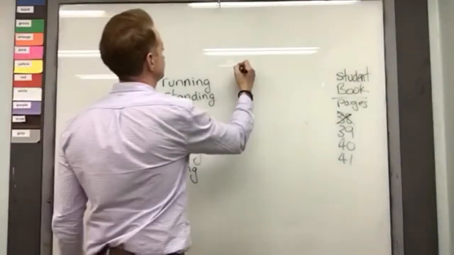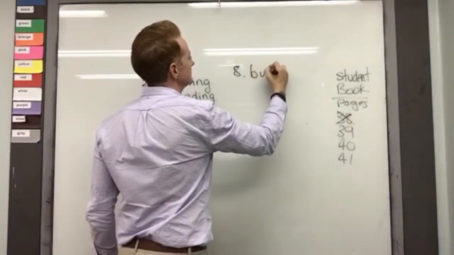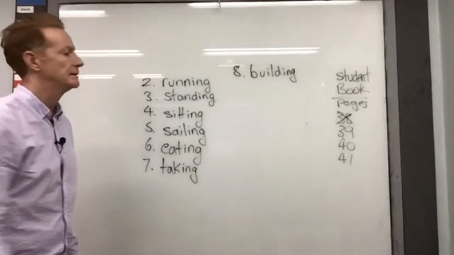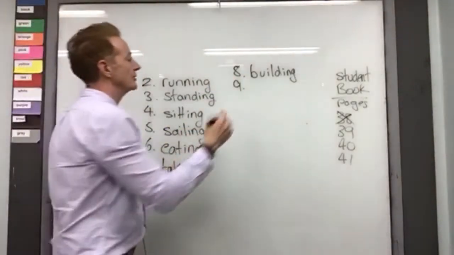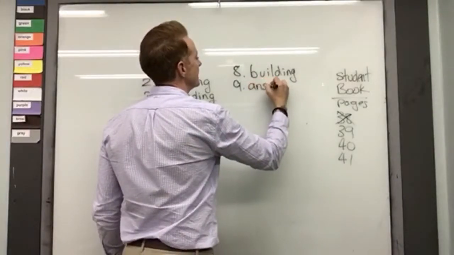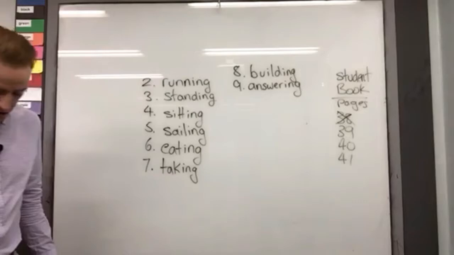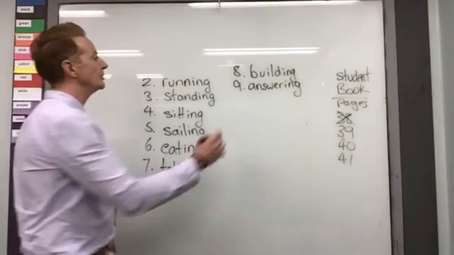Number 8 is build. So building, you just add ing. Number 9, answer. Answering, you just add ing. The next one, number 10, learn.